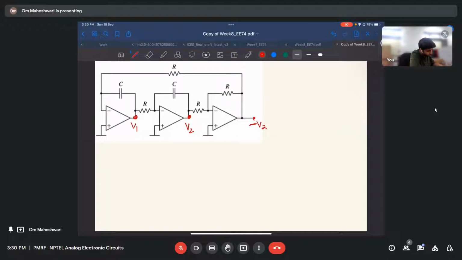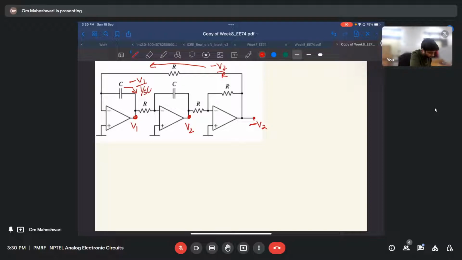One current flowing through here is minus V2 by R, and one current is flowing through here, that is minus V1 by 1 by SC.